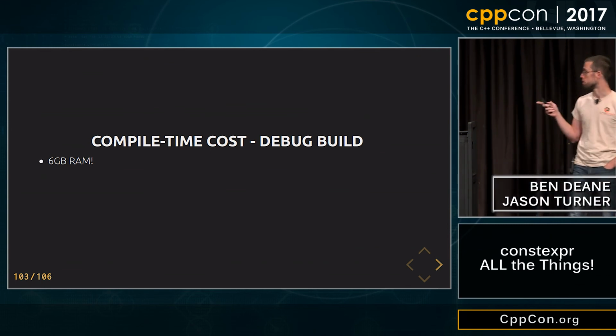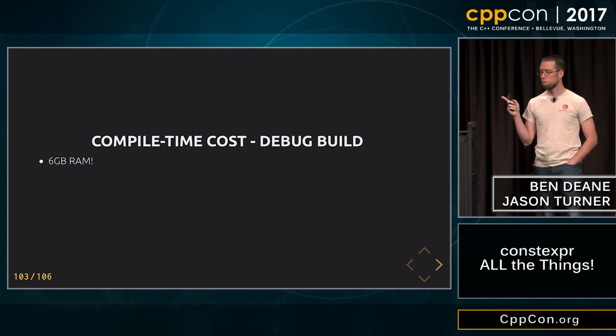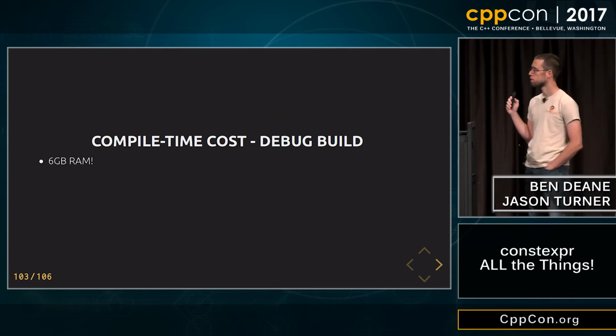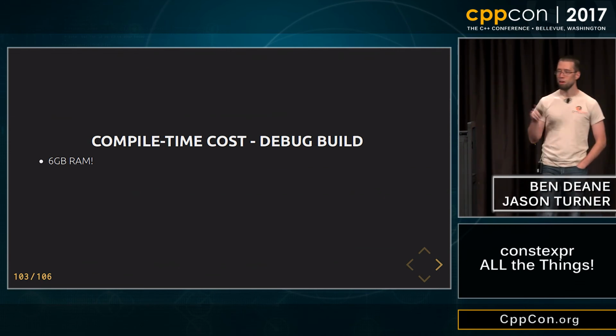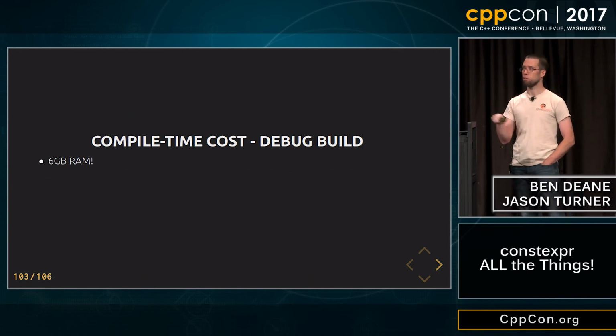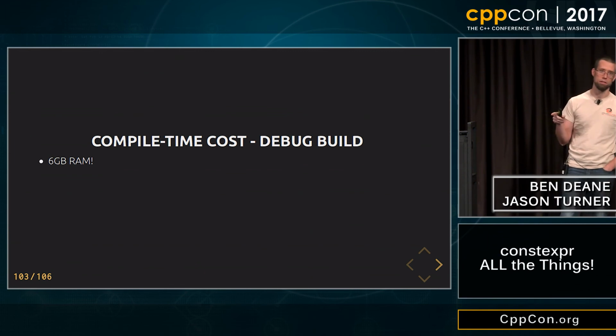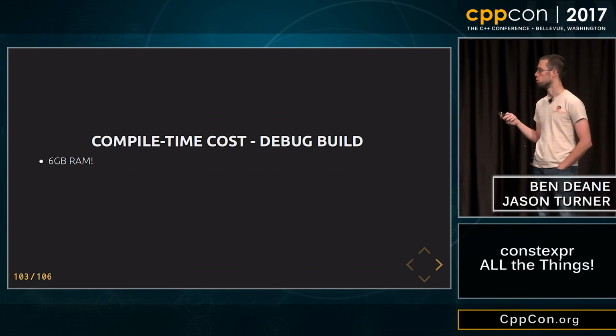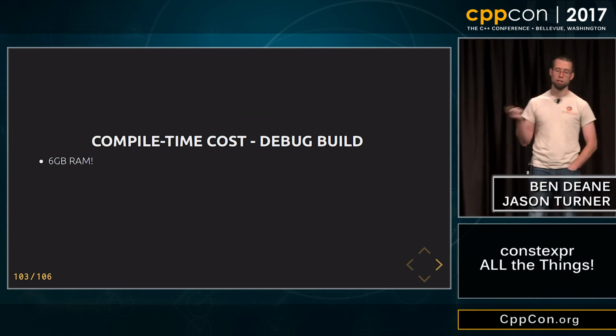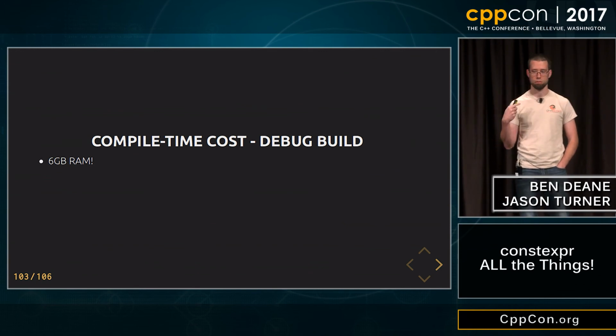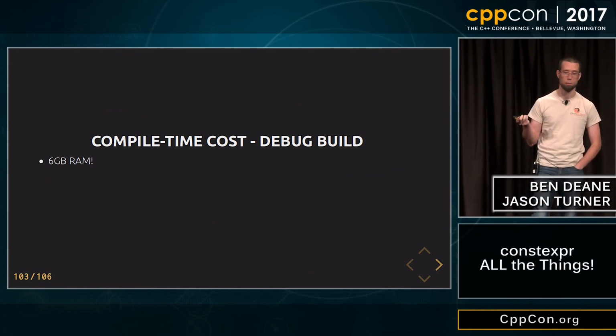I'd like to point out those were not debug builds. Right, because in constexpr land, there's nothing to debug. There's no runtime. But if you're doing constexpr work in your regular full application, you might want to make a debug build. This is with GCC's numbers. GCC 7.2 still held up when I was just playing with this. Basically, my laptop can't compile this in a debug build.